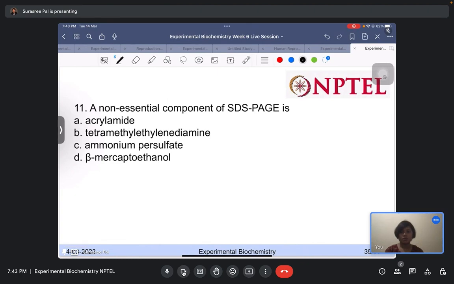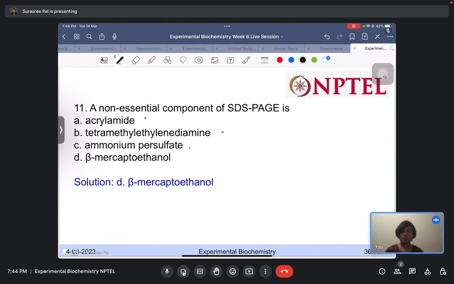Next question. What is a non-essential component of an SDS PAGE? Acrylamide, tetramethylethylenediamine, ammonium persulfate, or beta mercaptoethanol. So now in an SDS PAGE, only the beta mercaptoethanol cannot be used, but other materials like the acrylamide, TEMED, APS, these are all required for formation of the gel polymer.